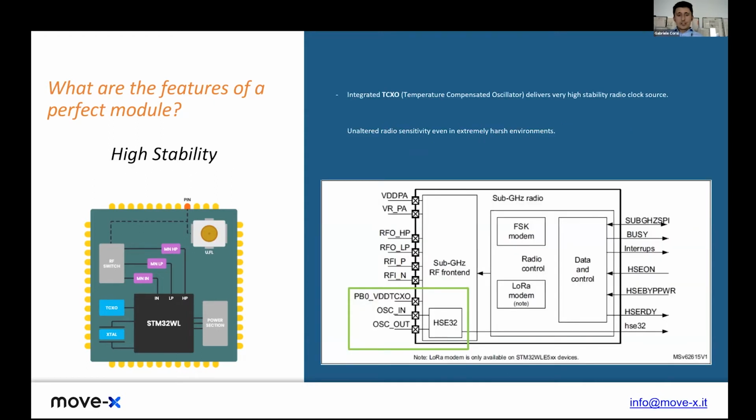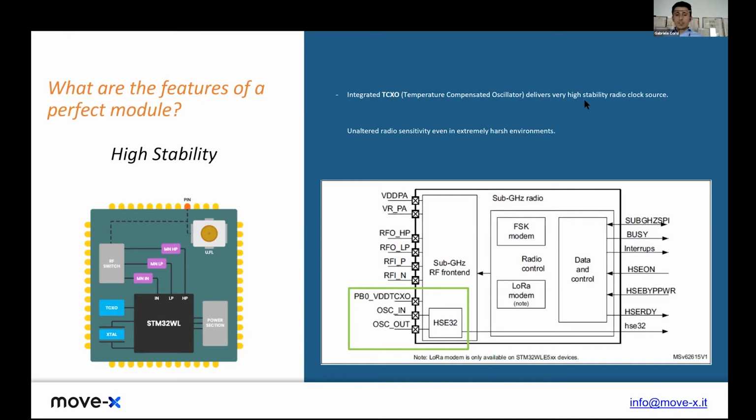Another thing is the high stability that you want with a model. In this model, we decided to go for an integrated TCXO, which is a temperature compensated oscillator. That is very important when you want to deploy this model on a sensor or on a custom PCB that has to work in really harsh environments, so high temperatures, high humidity, or anything else, because you want high stability in every condition.